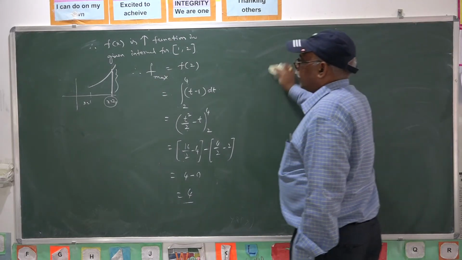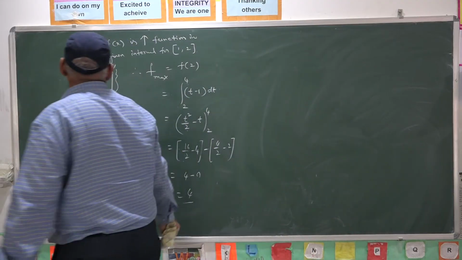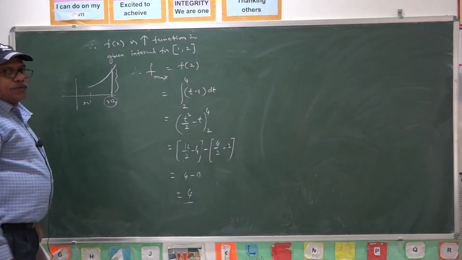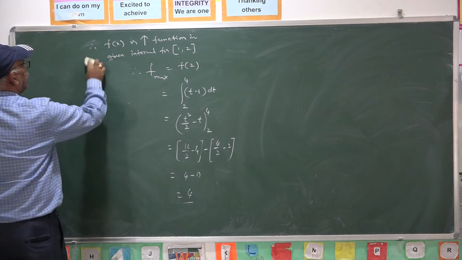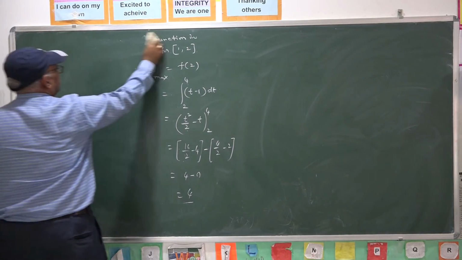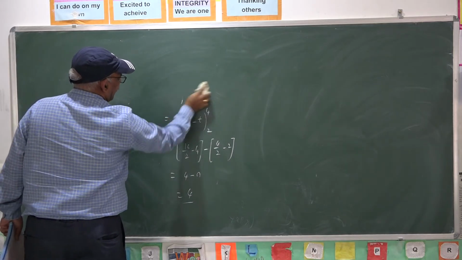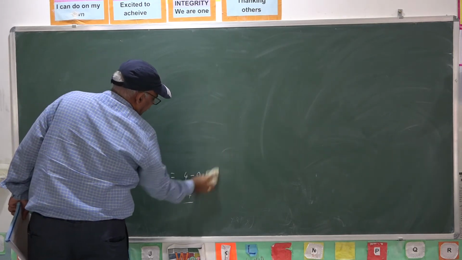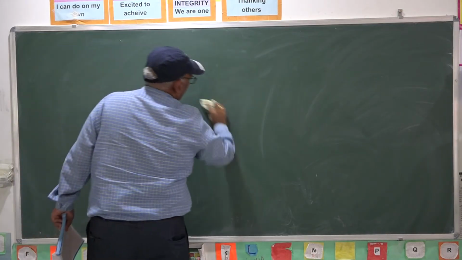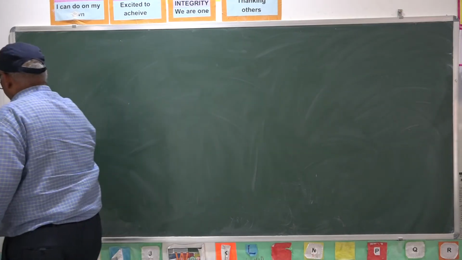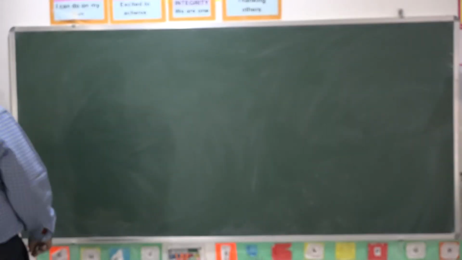You can use the Leibniz rule to evaluate the first derivative of the function, particularly once the function is given in the integral form. That is the concept here. A different concept from the board level concepts, board level problems.